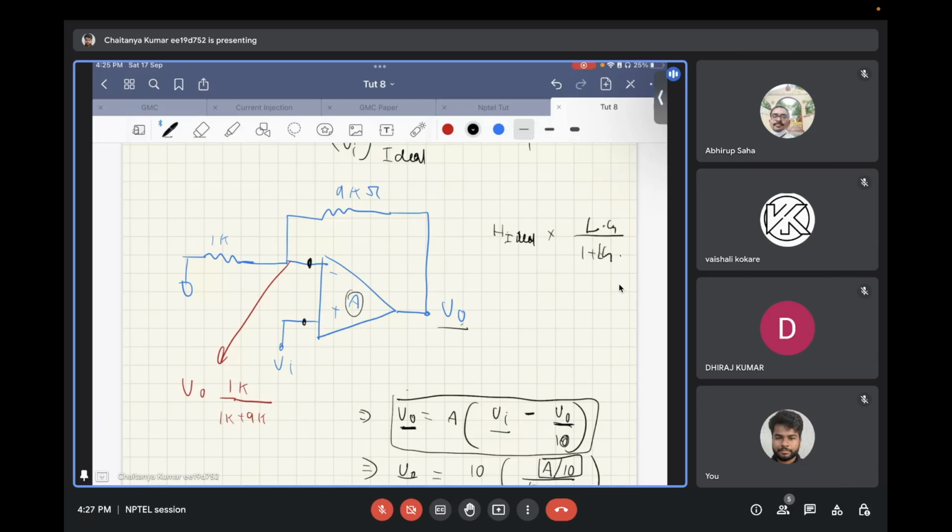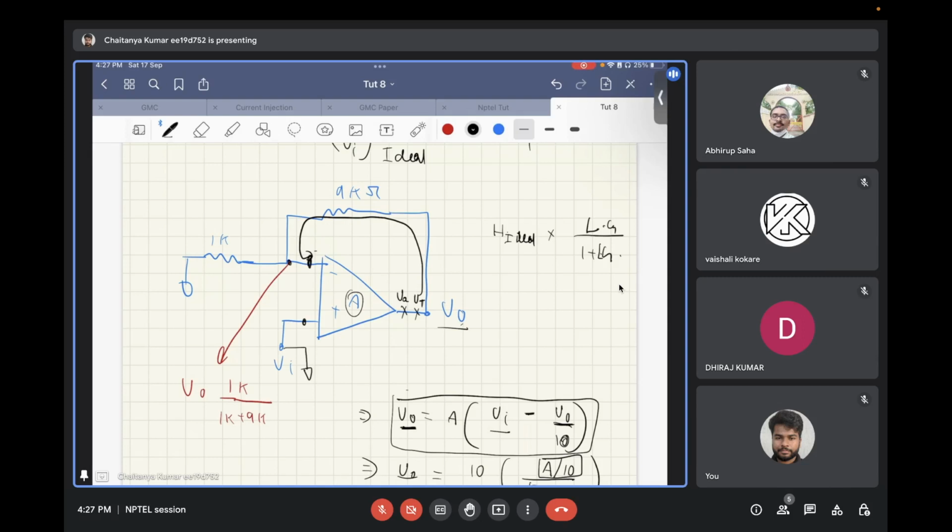Here, to find the loop gain, as I mentioned previously, you need to break the loop at the output and apply the test voltage over here. Let's call this VT and let's call this VA. While calculating the open loop parameter, you can ground this input terminal.